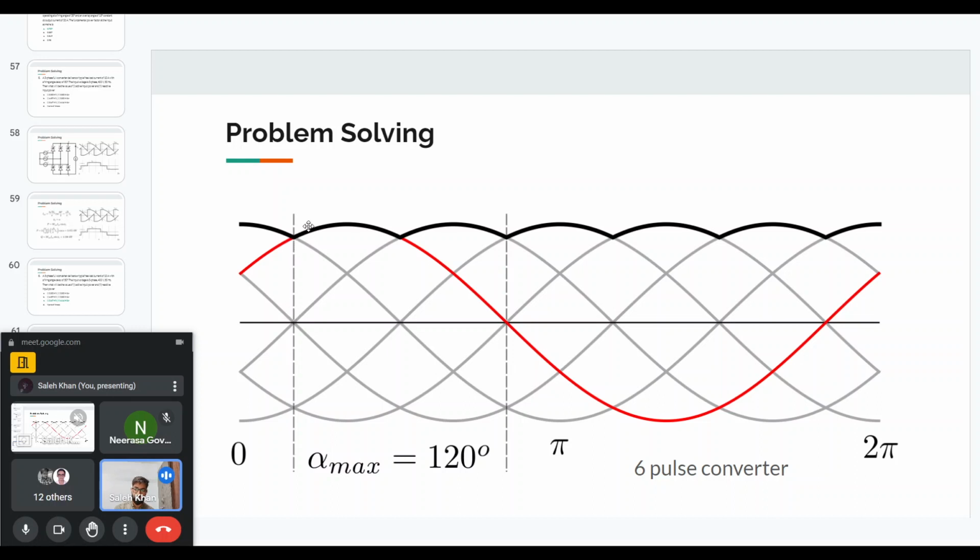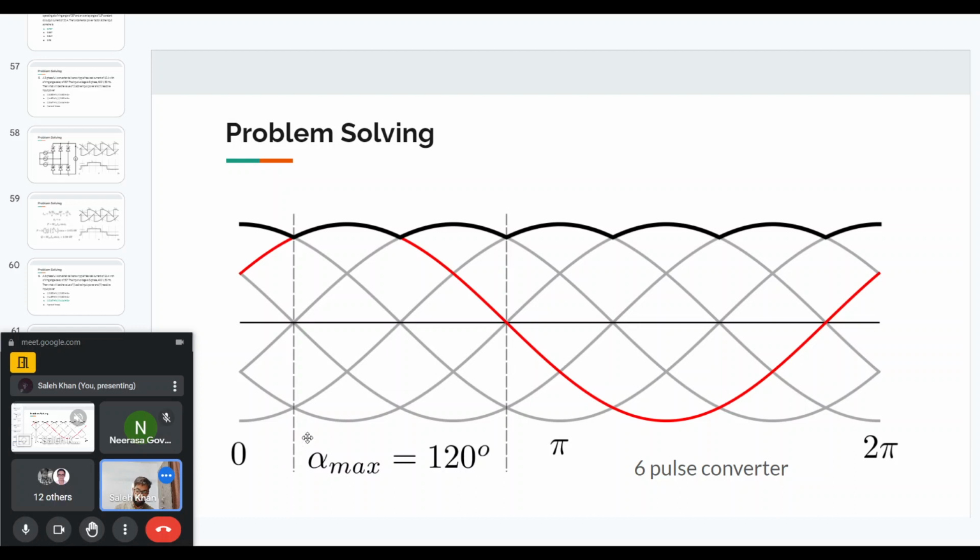The output voltage right now is like this, but had the angle been higher, then the output voltage would have been from here to somewhere here, and then it will go on. Had the alpha angle been very high, then the output voltage will go to this region, remain zero, and then go to the next voltage.